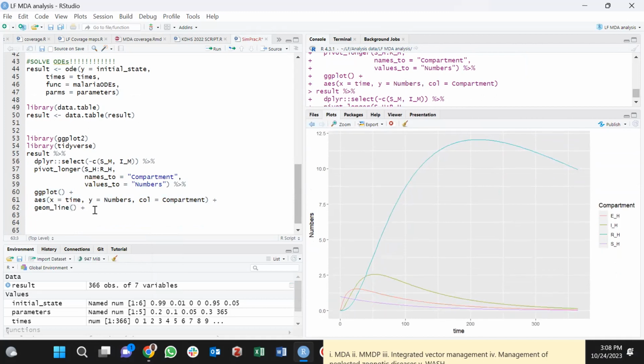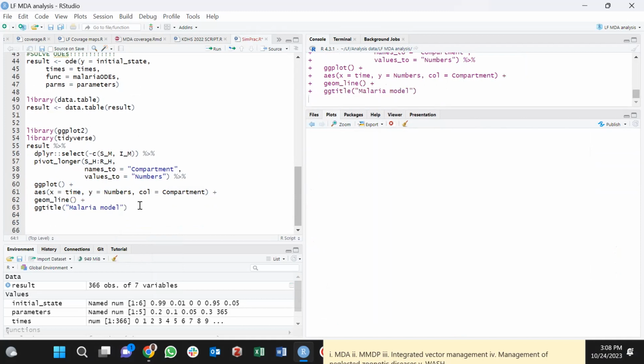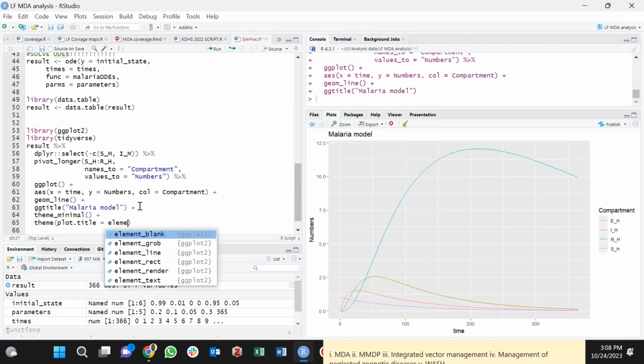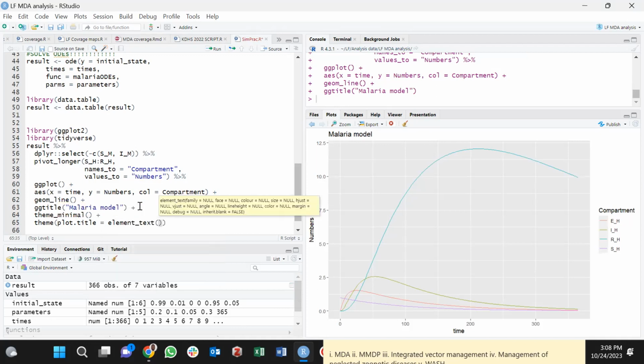We can add a title. Let's say area. Okay. Position the title midway.